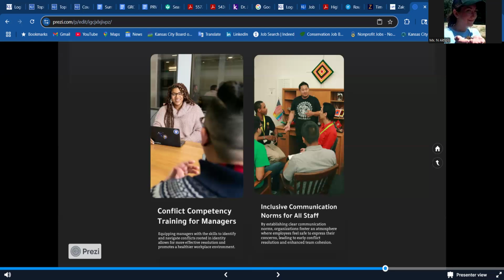Secondly, inclusive communication norms for all staff. So not just for managers, but establishing clear communication norms. An organization can foster an atmosphere where employees feel safe to express their concerns, leading to early conflict resolution and enhanced team cohesion.